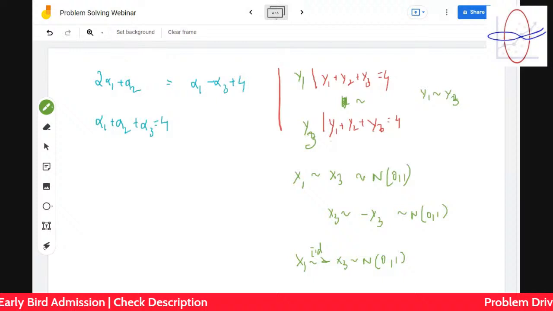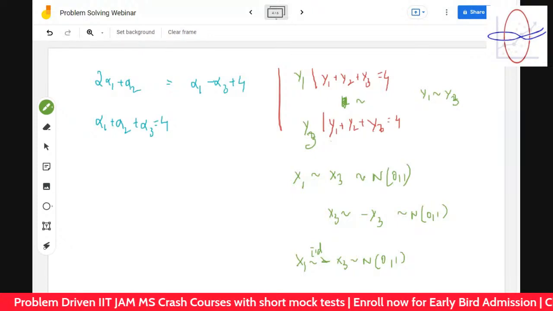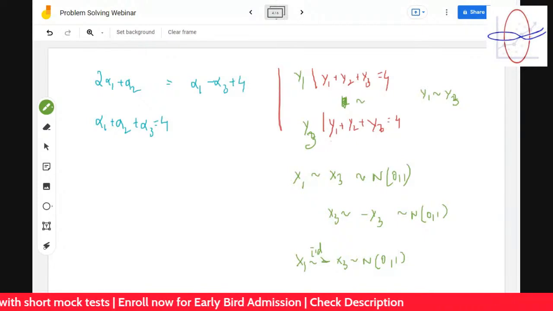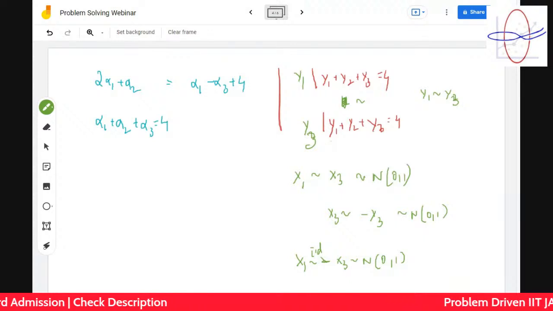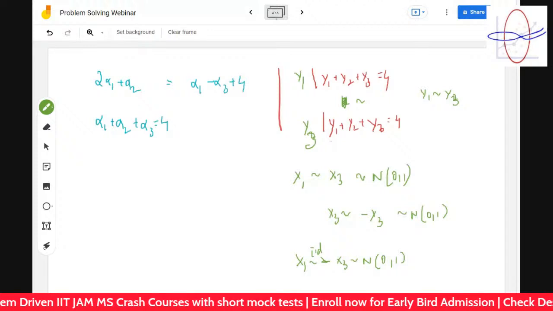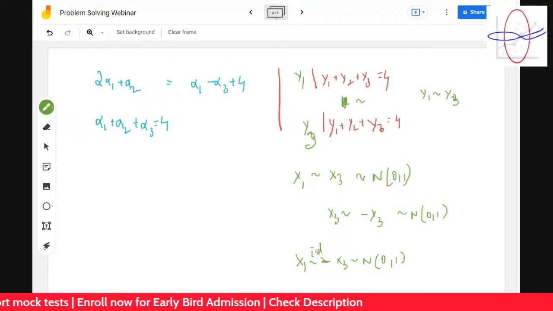And x1 and x3 are both standard normal random variables, and due to the symmetry of the standard normal random variable around 0, minus x is also standard normal. So x1 and minus x3 are also standard normal, and they are IID because x1 and x3 are IID. So y1 and y3 are IID. They are identically distributed.